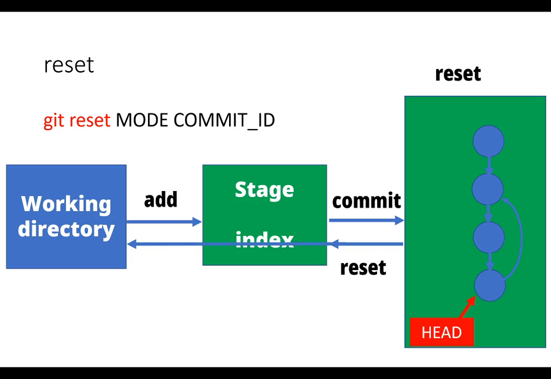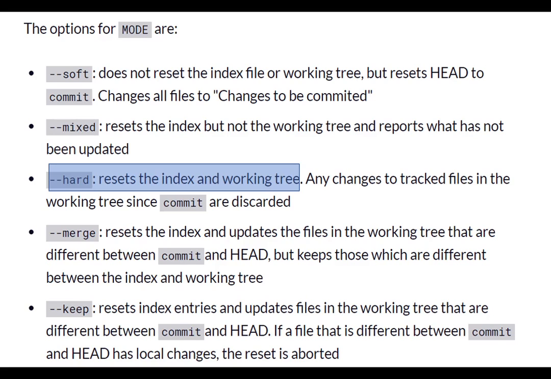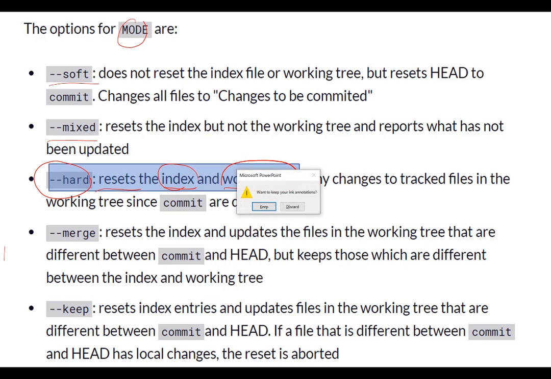We can also reset the working directory, stage, and repository. The mode options are soft, mixed, and hard. We generally use hard. Hard means to reset the index and working tree, including the repository.